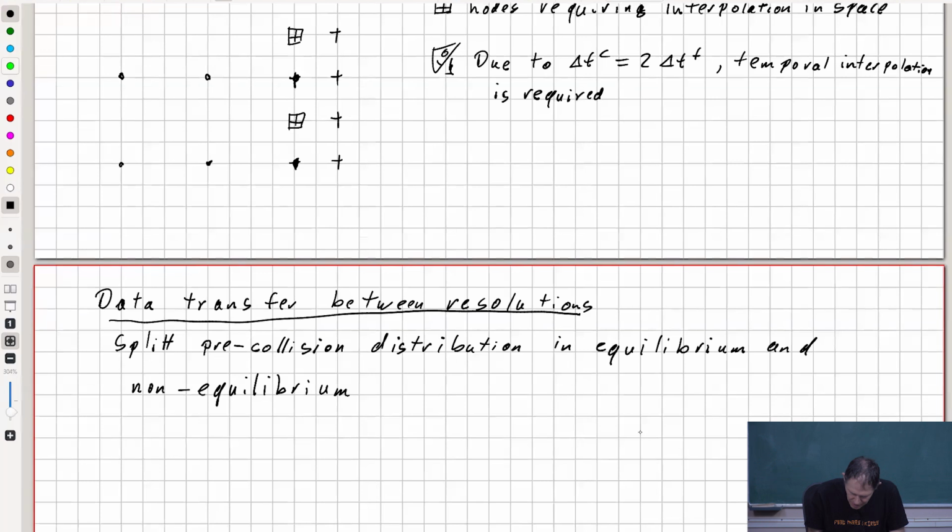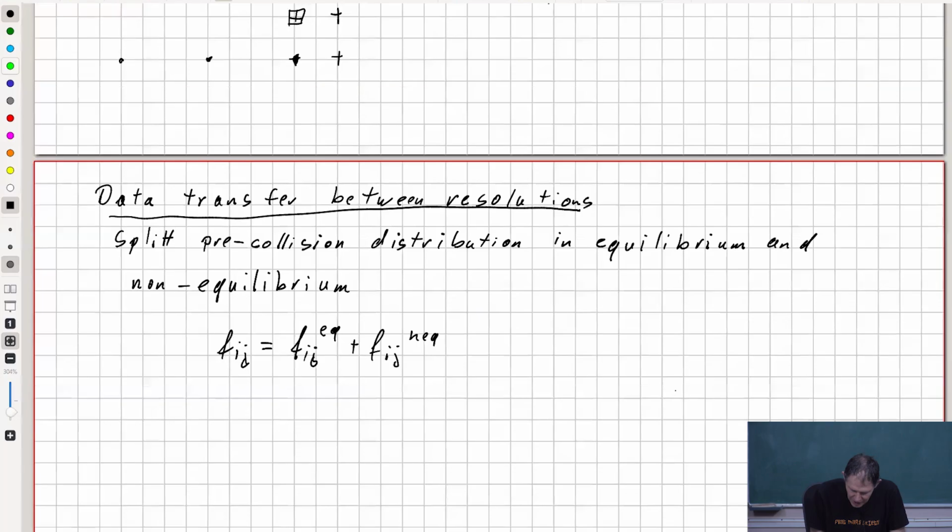So you could say this can always be done: Fij is equal to Fij equilibrium plus Fij non-equilibrium. Then we know from Taylor expansion, so this can be done by Taylor expansion alone. Can also use the full asymptotic analysis.